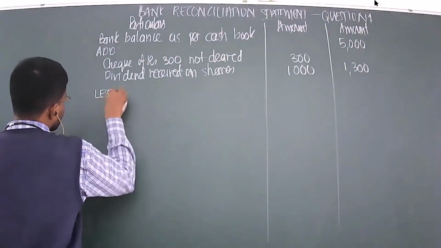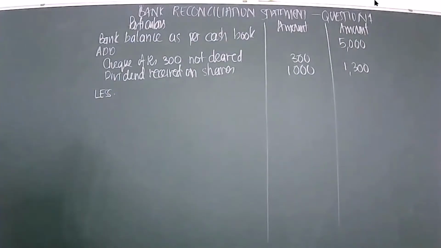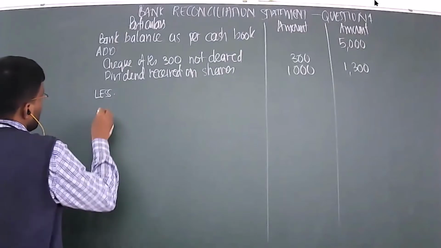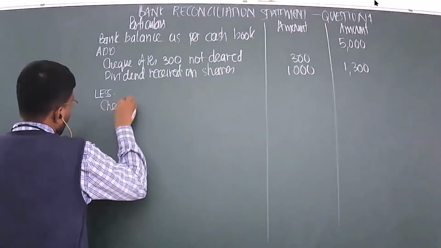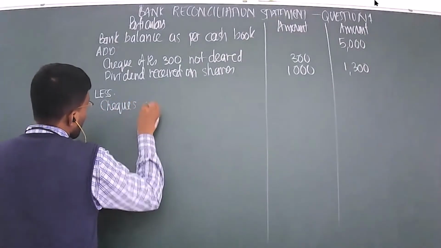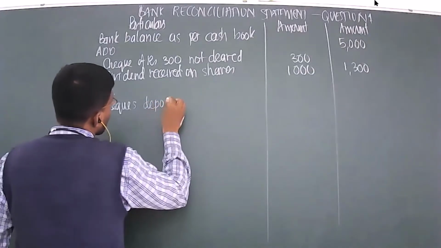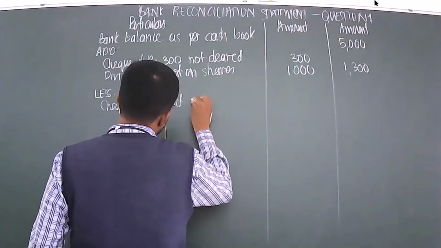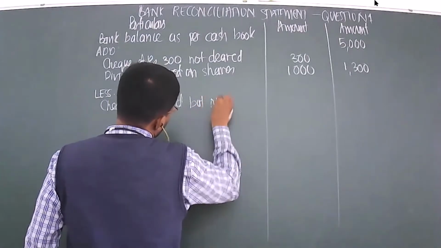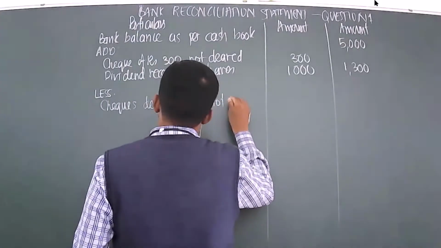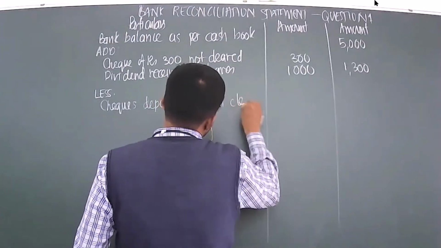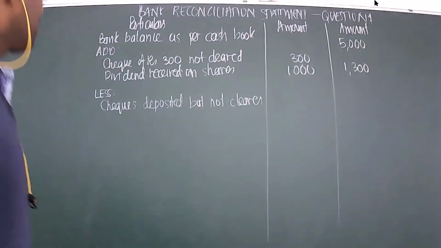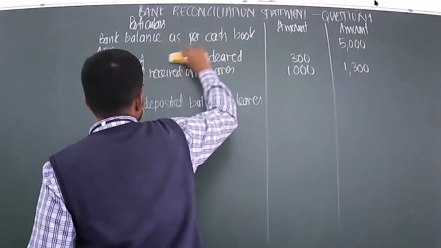Then let's talk about the transactions that we have to subtract. What are the transactions that we have to subtract? Okay, to avoid confusion, I'm just going to rephrase this particular point.